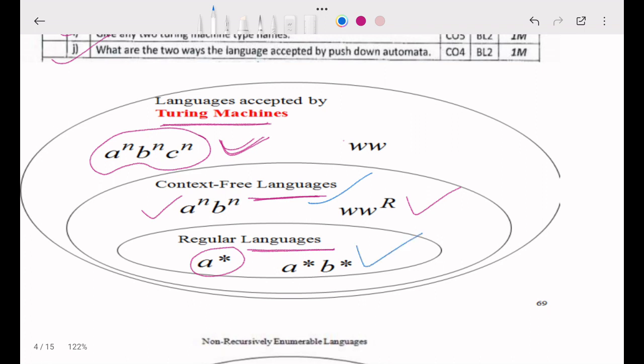We already explained this during our class presentation. So the Turing machine is a higher level language. It can solve any type of problems that are inside this subset.